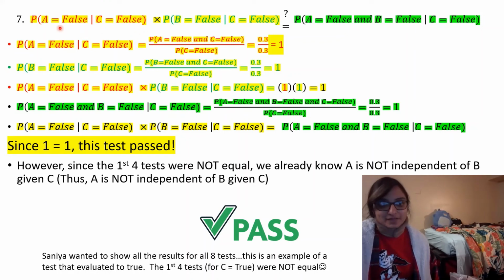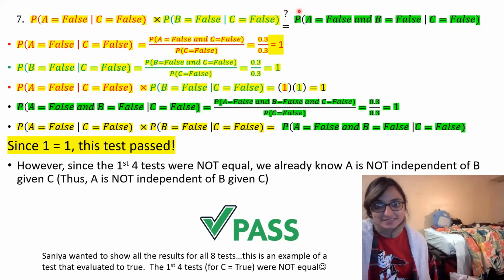So here we're going to look at the probability A is false given C is false multiplied by the probability B is false given that C is false. And we're going to see if that's equal to the probability that A is false and B is false given that C is false. So for this one, the seventh, we're almost at the end, guys.